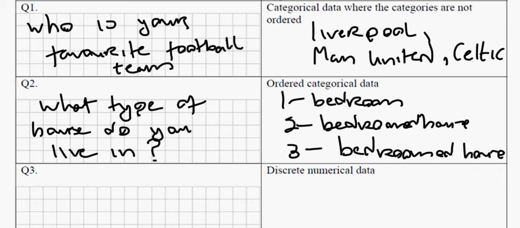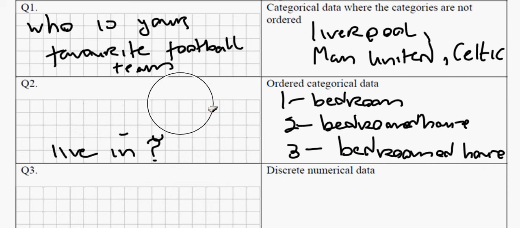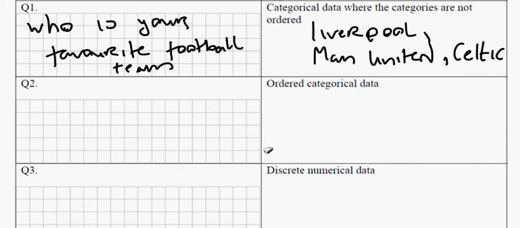Another example of ordinal categorical data could be opinion scales, okay? So I could say, do you agree with homework?